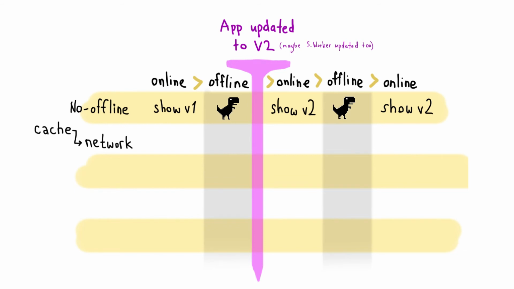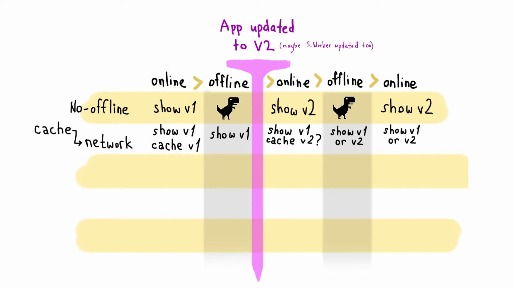On the first online visit, it will show version 1, and it will cache version 1 on service worker installation. Then it will show version 1 offline. Then after an update it will still show version 1, and it may cache version 2 if the service worker file was updated and reinstalled. On the next visits it will show version 1 or version 2 depending on whether the service worker file was updated.